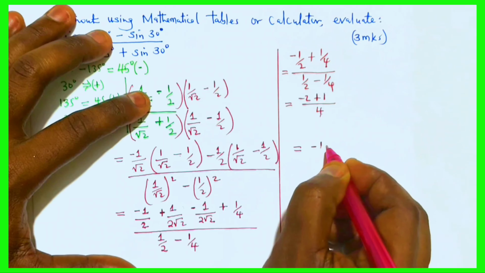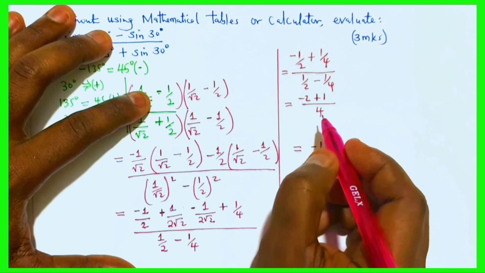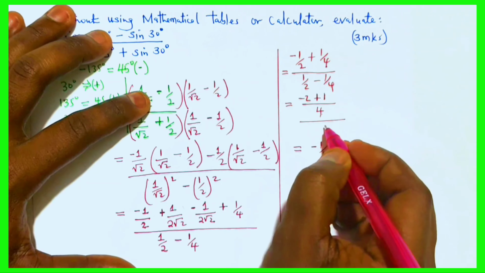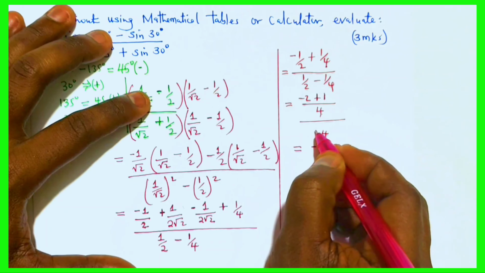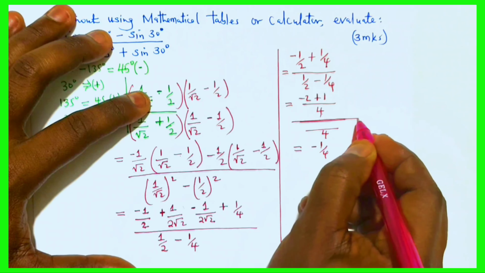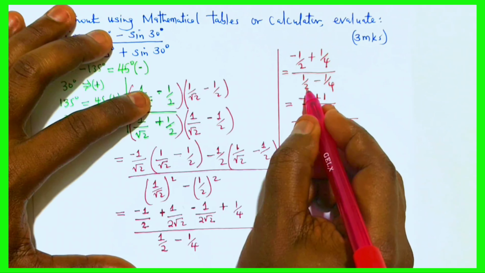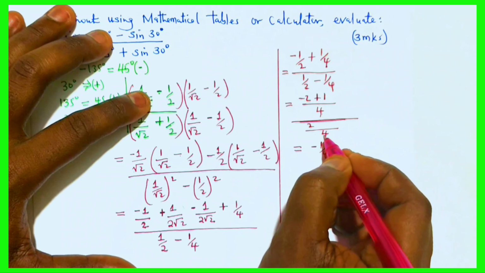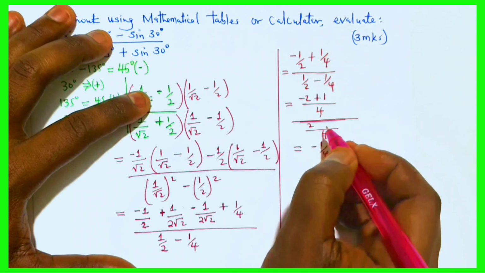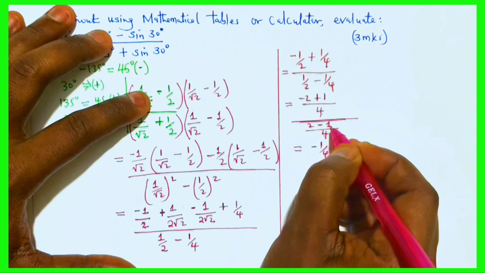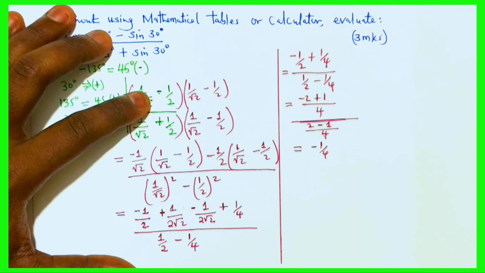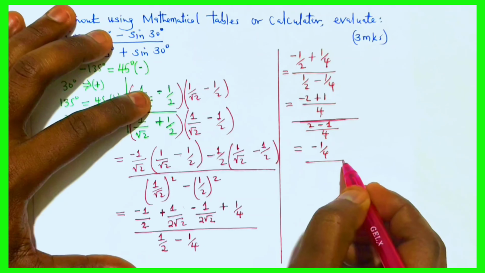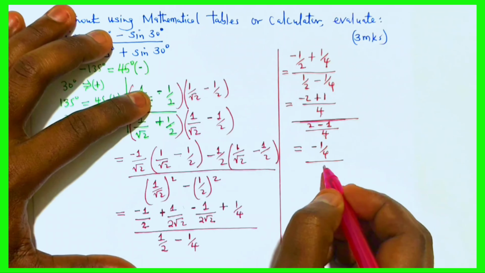So you end up having negative 1 over 4. And then on the denominator there, the LCM is also 4. So 4 divided by 2, that is 2 times 1, which is 2. And then 4 divided by 4, that is 1 times negative 1. You end up with negative 1 here. So therefore, on the denominator here, I'll have 2 minus 1, which is 1.